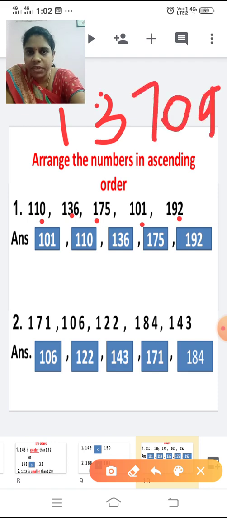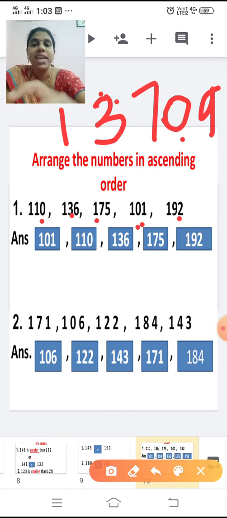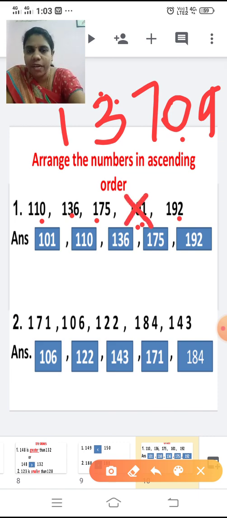Now tell me which is the smallest one? Out of these, 0, right? So 101 is the smallest number. 101. So strike it out and write it below. 101 is the smallest number. So now compare between these four numbers.